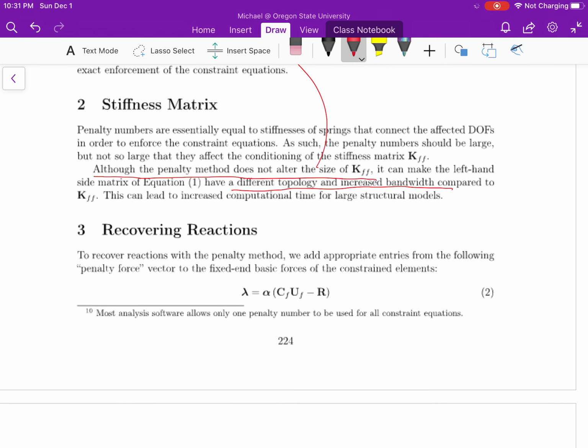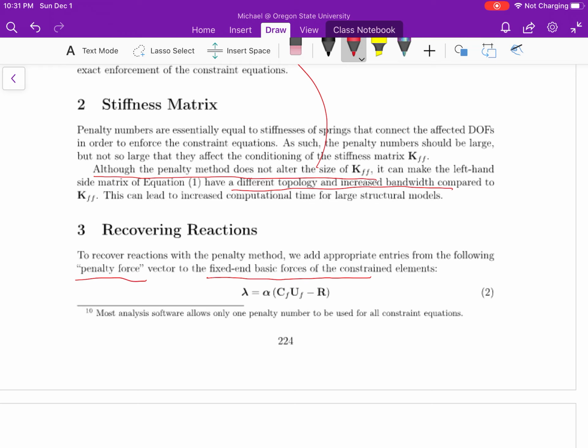Also, in terms of recovering reactions, kind of like with the Lagrange method, with the penalty method we can obtain forces, or so-called penalty forces, that correspond to fixed end basic forces for each of our constrained elements.